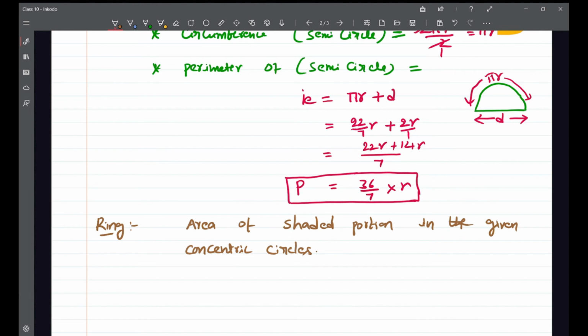I hope everyone knows what is meant by concentric. Concentric nothing but two or more than two circles with the same center and different radius.